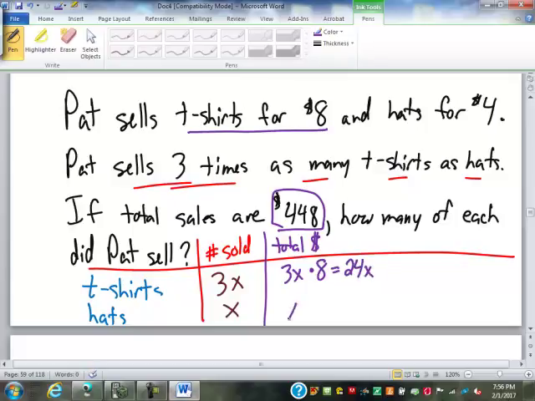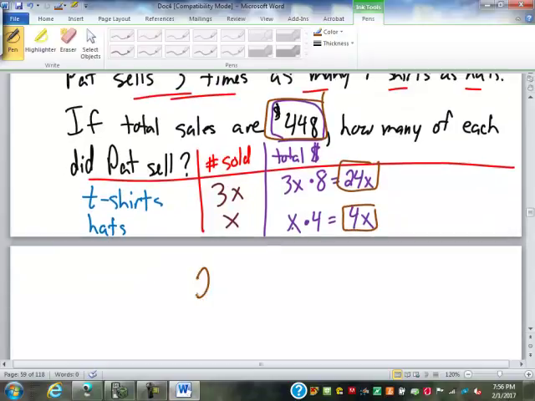For hats, we sold X of them times how much each? $4 each. X times 4 is 4X. Those two have to add up to the total sales of $448. So 24X plus 4X equals 448.